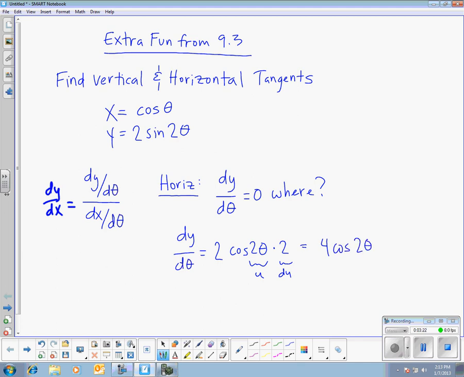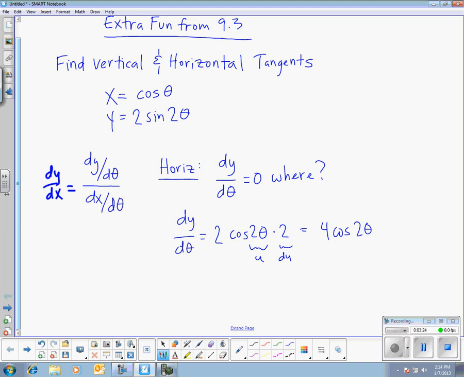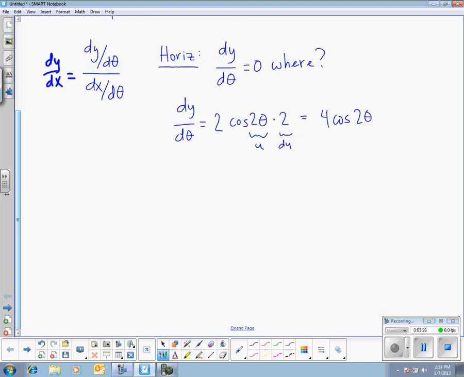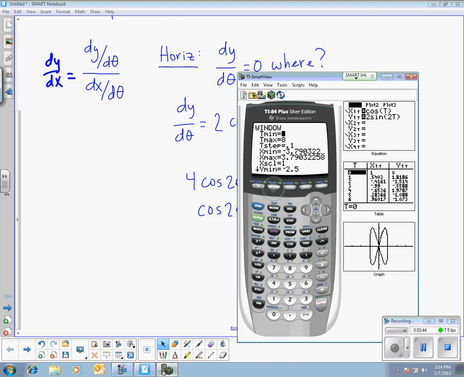And remember, in order to be horizontal, I need for this thing to equal 0. So where is 4 cosine 2 theta equals 0? Divide by 4, and cosine 2 theta has to equal 0. So where is cosine 0? And by the way, this graph got completely drawn once in 0 to 2 pi.